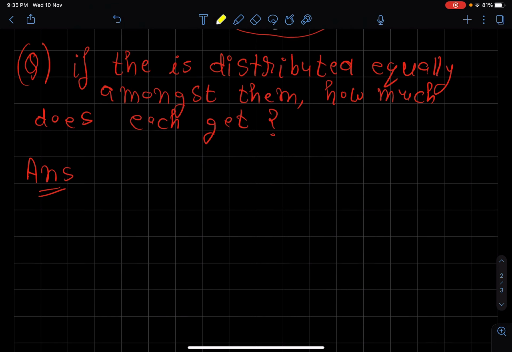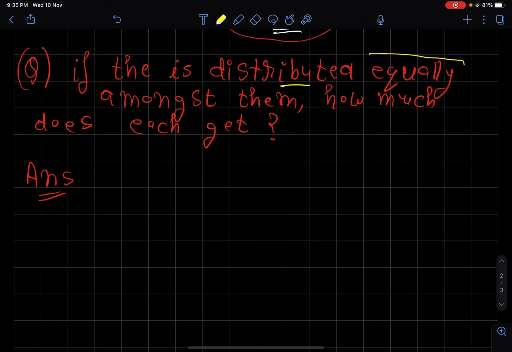The money is to be distributed, and the key word to note here is that it is to be distributed equally among them, right?